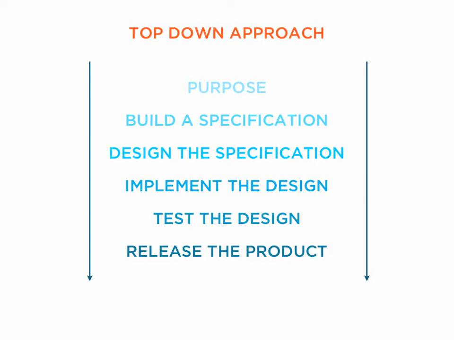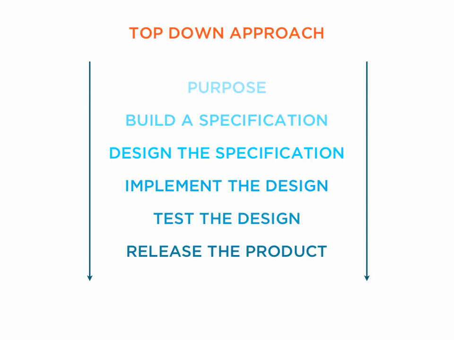What is the purpose of this website and why is someone going to be using it? From there, once we define a purpose, we can think about the specification and how we want to implement that, right? So maybe we're thinking about something and the best way to do it is by creating a mobile website because we want someone to be able to use a banking site anywhere on the go.